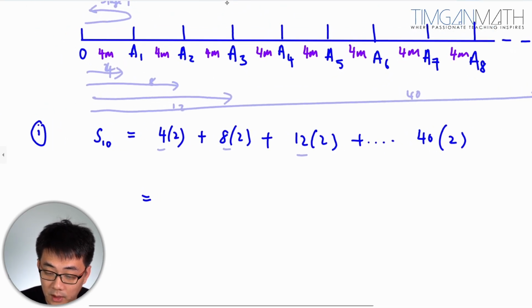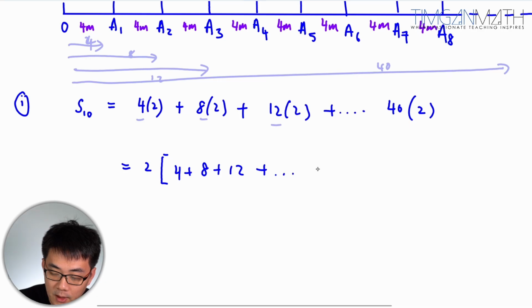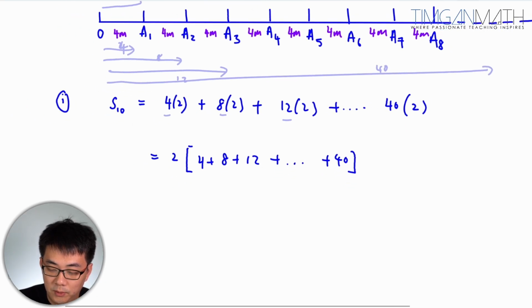So this is actually a very good AP here. Every time you know that this is plus 8. But even if you don't want to see that, you could just factorize the 2 out. This is 4 plus 8 plus 12 all the way to 40. This is an AP where we just add 4 each time. The sum of an AP is pretty okay.